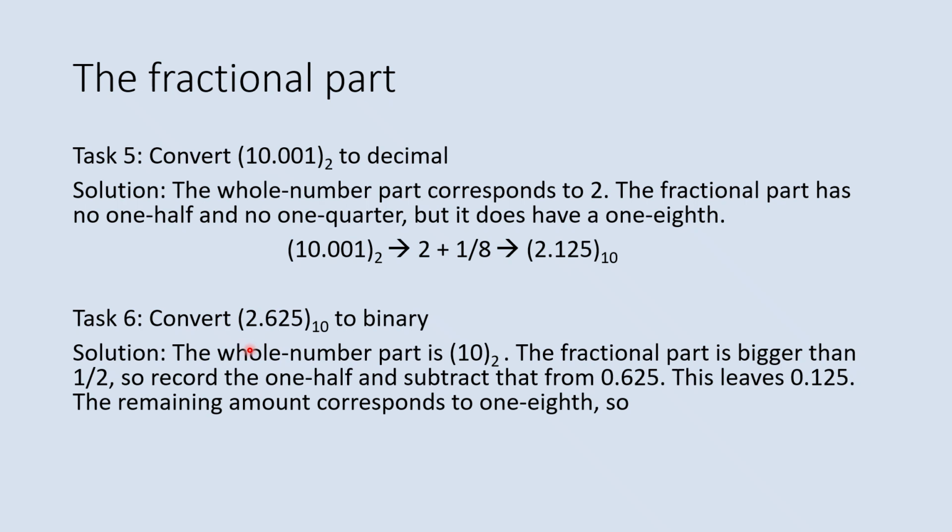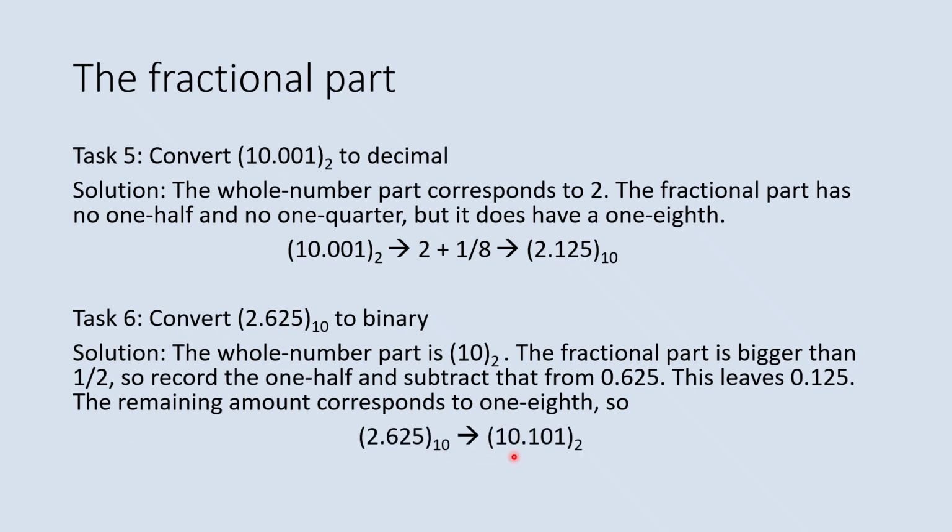And then we're going to say, okay, the 0.625, we already have a half accounted for. So we're going to subtract that and see what's left over. What's left over is 0.125. And 0.125 we just saw is 1/8. So in the original decimal number, we have 2 plus a half plus an eighth.